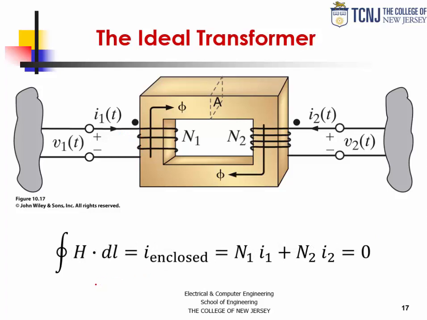Ampere's law requires that the magnetic field intensity is 0 around the closed path through which it is flowing.